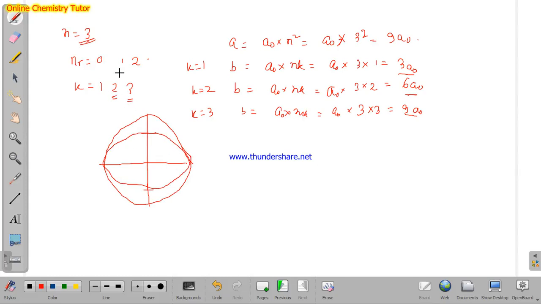And for n equal to 3, k equal to 1, this is 3a0 against 9a0, so this is a more elliptical path. So this is k equal to 1, this is k equal to 2, and this is k equal to 3. So for the third principal quantum number, there are 3 different orbits, and we show it like that.